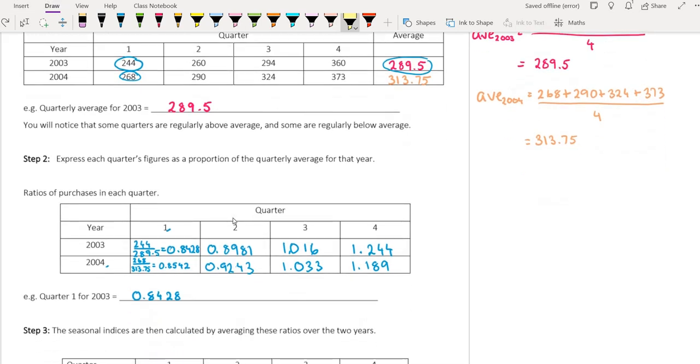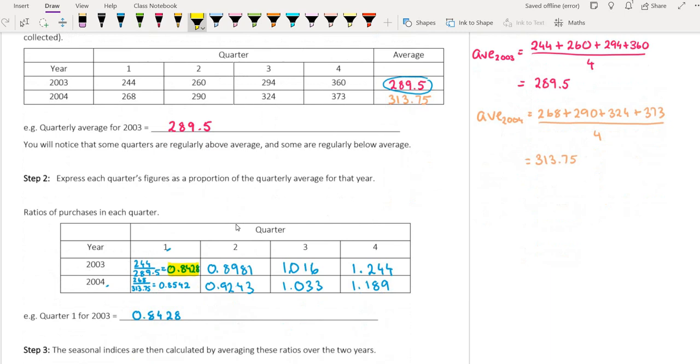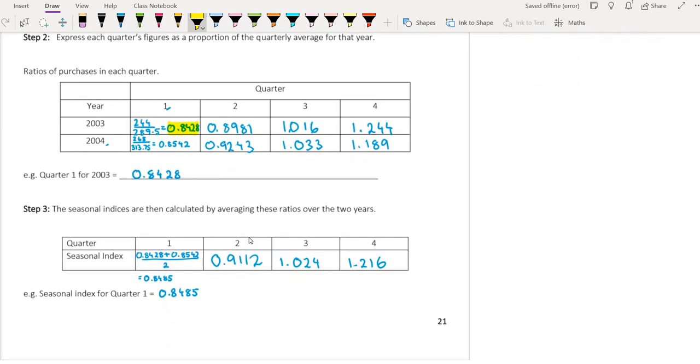And then you take this data here, 244, and you divide it by the average of the year. And that will give you a number that is fairly small. It'll always be around 1-ish, depending on the data, but generally it'll be around that.